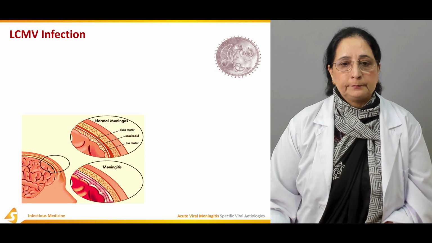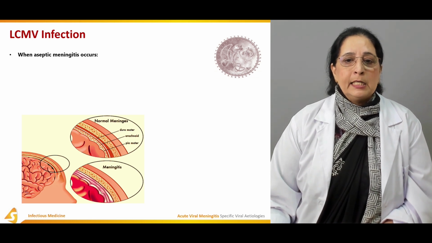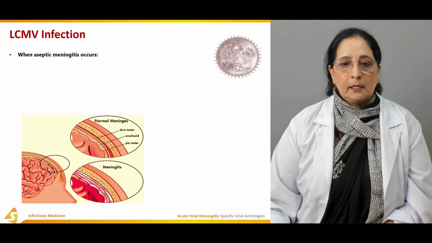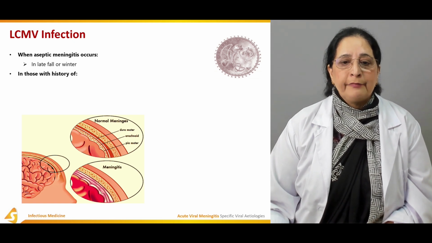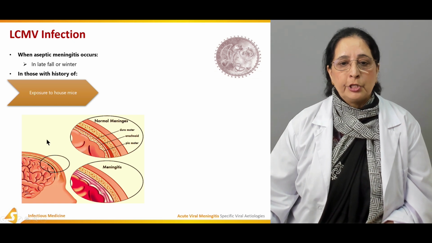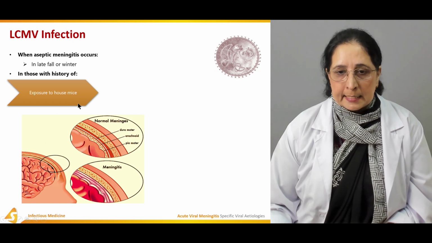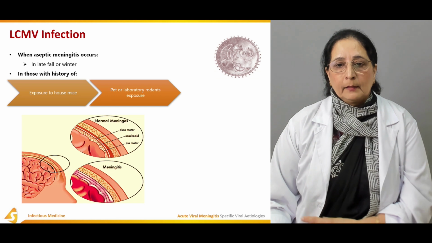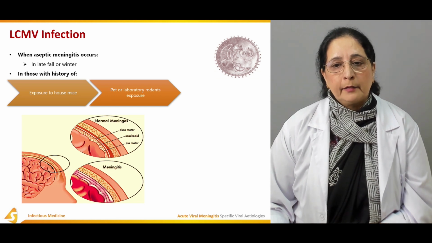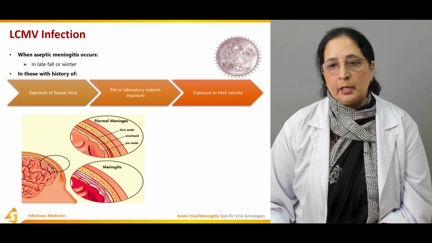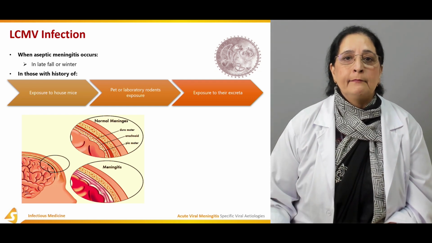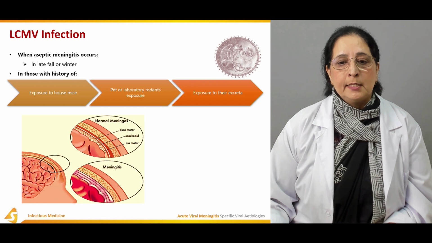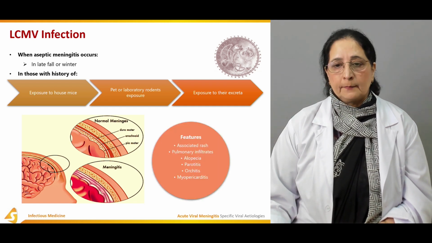LCMV infection. When aseptic meningitis occurs in late fall or winter, in those with a history of exposure to house mice, pet or lab rodents, or exposure to their excreta, then LCMV infection is suspected in all these different conditions.